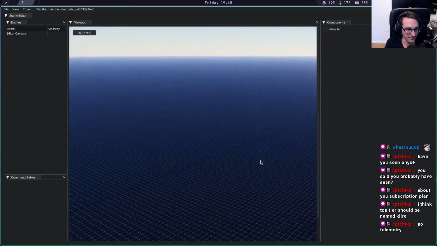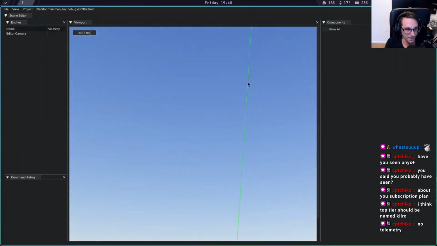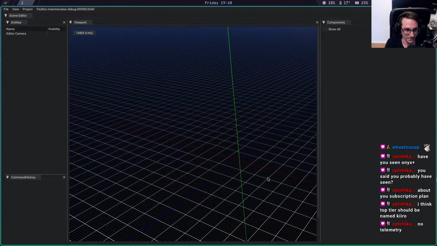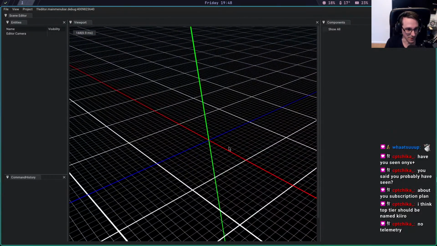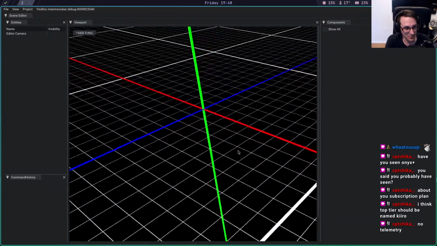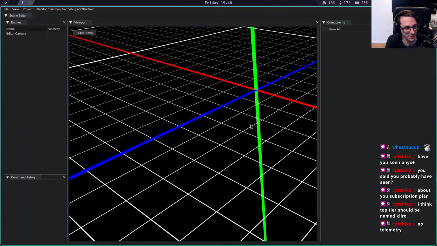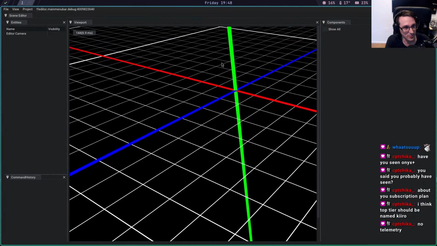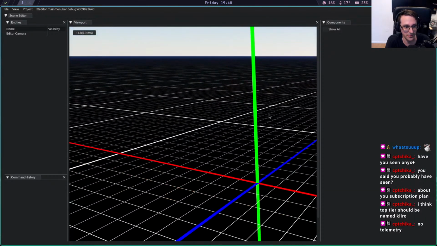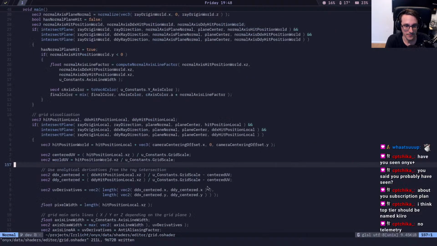And it basically goes infinite, up and down. And yeah, we split it already up and down, above and below the plane, so that the render order is correct, because below we wanted it behind the grid, and above in front of the grid. So here it's front, here it's behind. So that's that.